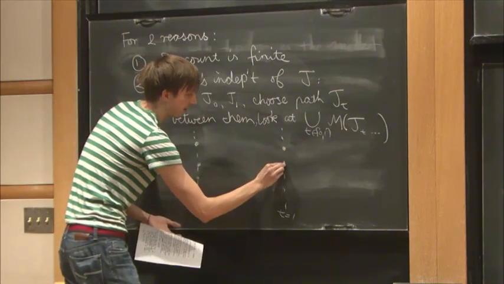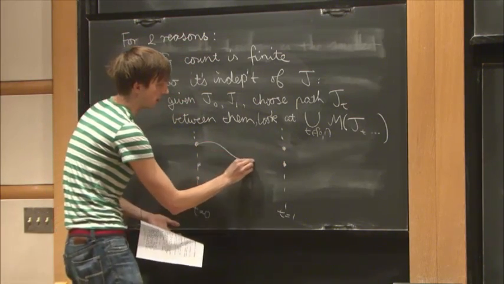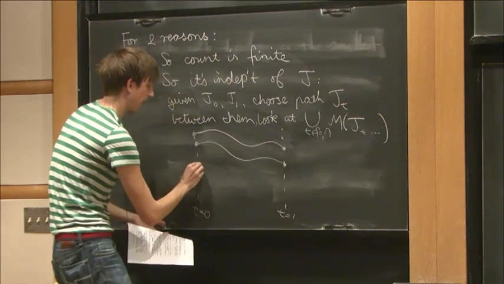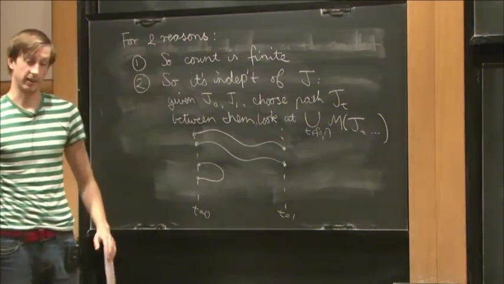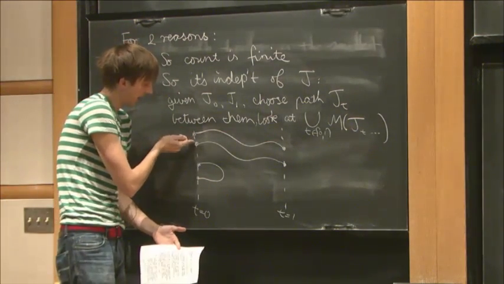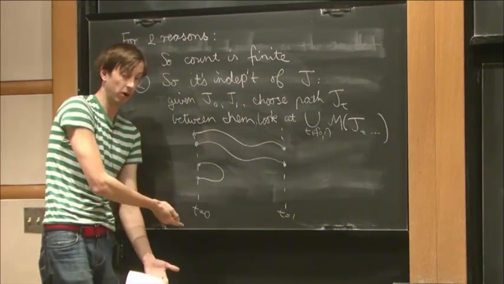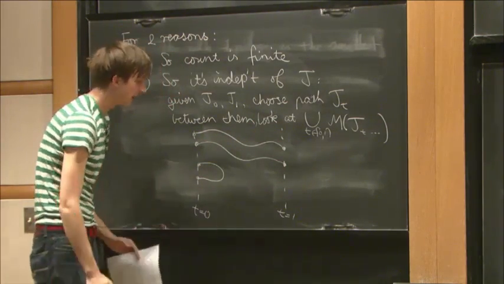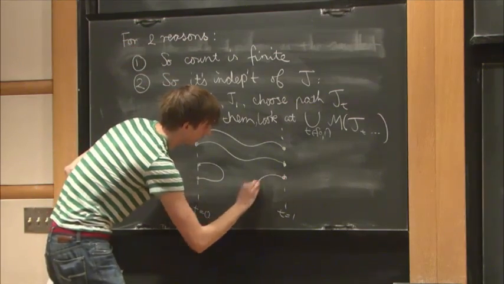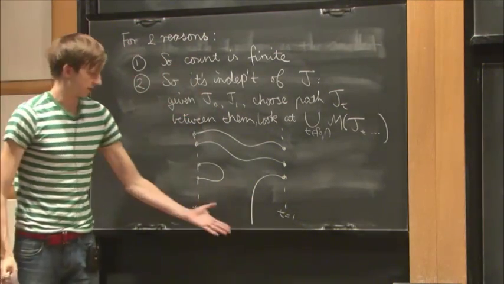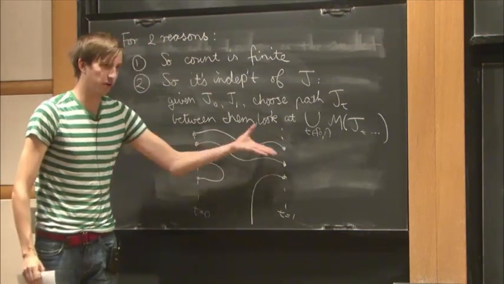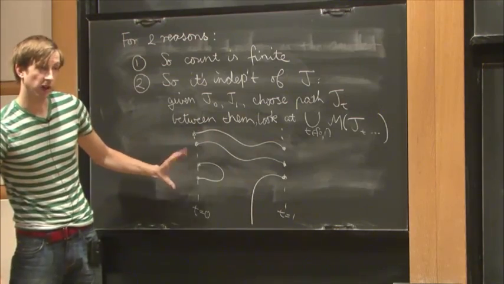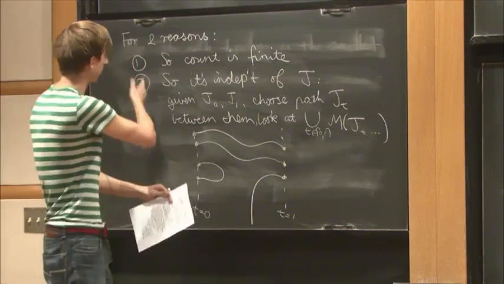Over here, we have another bunch, and then we have some one-dimensional family. That looks like this. And so the signed count of J0-holomorphic curves should be the same as the signed count of J1-holomorphic curves, unless we had something like this. So that's clearly not going to give rise to the same count on both sides. So we need some argument why this moduli space we're defining here is compact for both of these reasons.